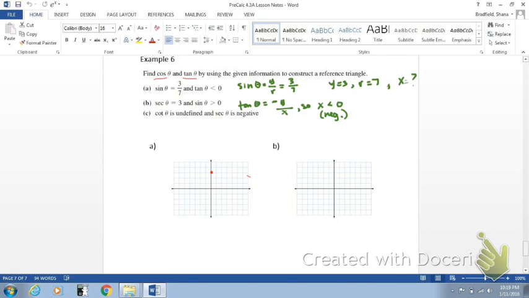And so, I don't know, maybe it's right here. But I know that the radius is 7. So that's going to give me a y that's 3, and then there's going to be my x. So that's where it would have to be drawn in order to get a positive y but a negative x.